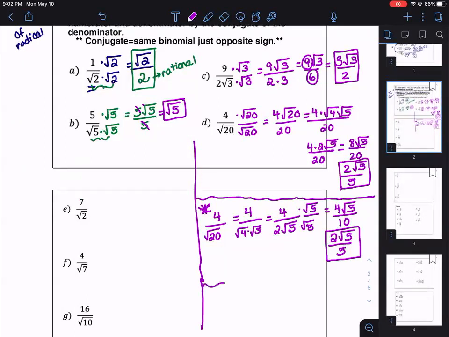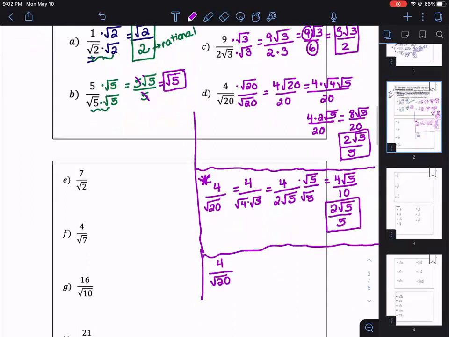The third and final way, and this is not always possible, and a lot of you might not like this way, so I'm going to be honest and say if you don't like this, it's fine, is to multiply radical 20 by some number that makes it a perfect square.